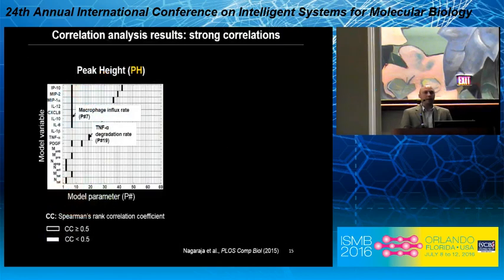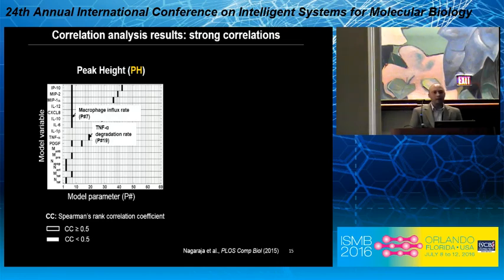Correlation analysis gave us some additional insights into inflammation regulation. And here I'm showing you the results for the peak height. On the x-axis, we have the model parameters. On the y-axis, we have the model variables for which we calculated the peak height.